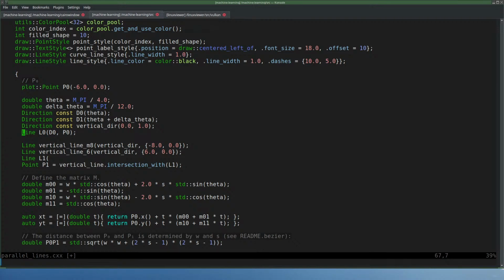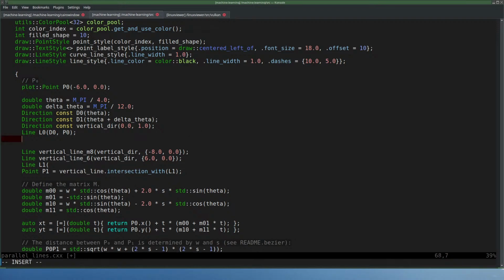And then, because the line is under an angle, so it's not that clear, I'm just going to define my intersection point, I, to be the intersection between L0 and then the vertical line at -8. So this one, which one I should define before that, of course.